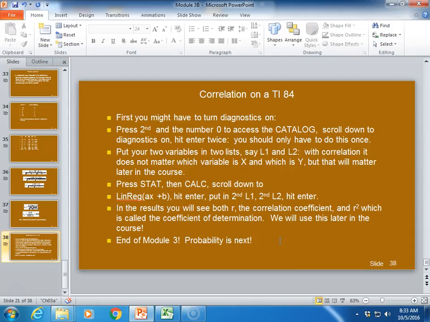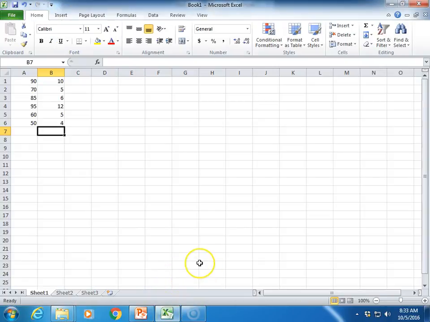Let me show you one other way to do this before we end this section. Let's go to Excel. A lot of you probably already have familiarity with Excel. Excel has a lot of statistical functions in it. Here I've just repeated our data on the two variables, put one variable in one column and one variable in another column. So I've got the grades and the hours of study.